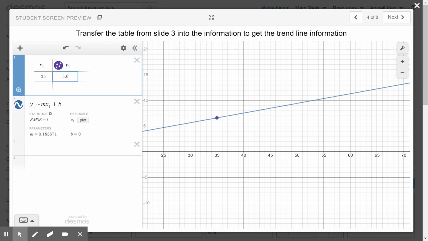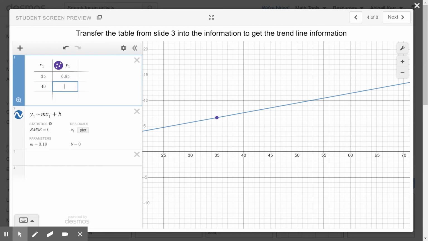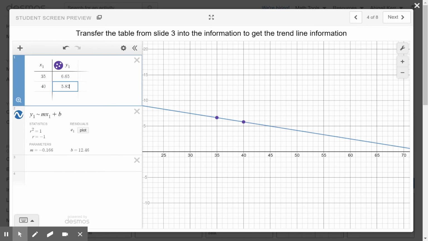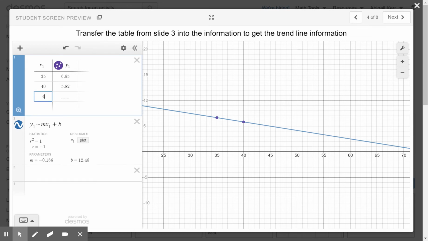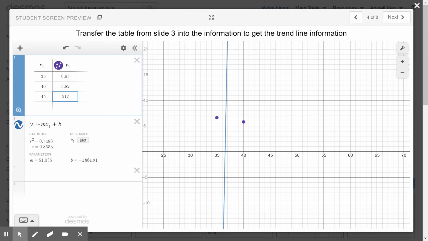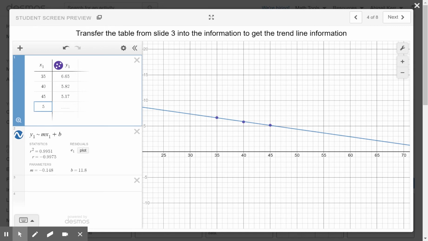So the 6.65, 40, and be careful, make sure you do the decimals, because I just wrote 517, that's a big difference.